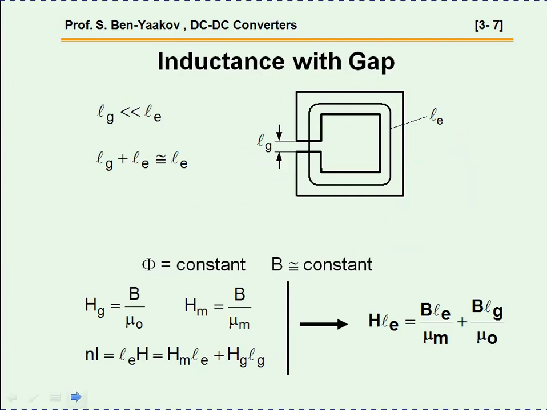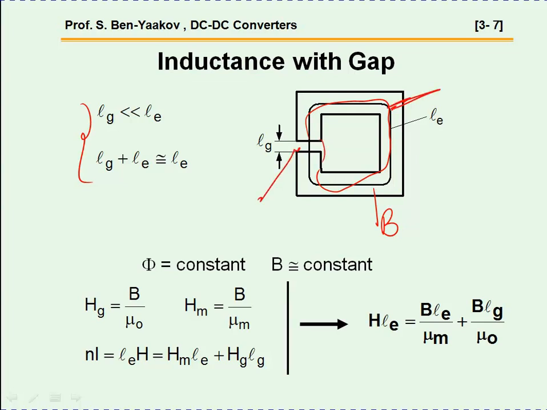Now, if we have any inductor with a gap, and I've said we're using this calculation, and taking into account that the flux density B, magnetic flux density, is the same both for the magnetic material and for the air.